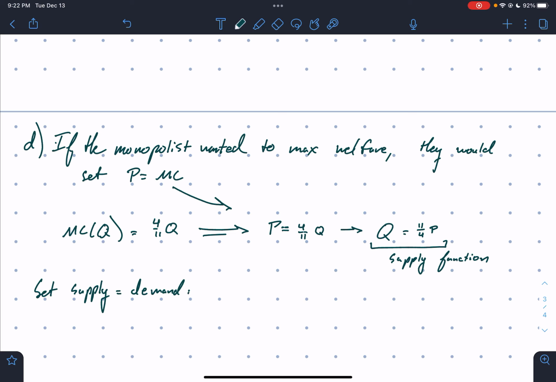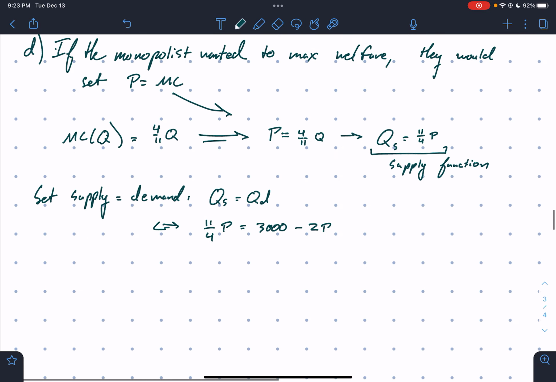So QS is equal to QD. In other words, we need 11/4 times P equal to 3,000 minus 2P. And we're going to solve this for P.